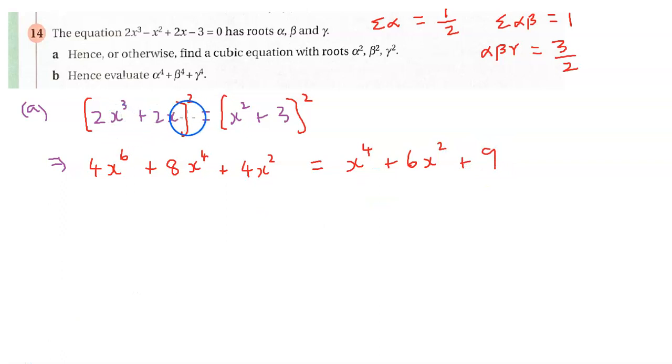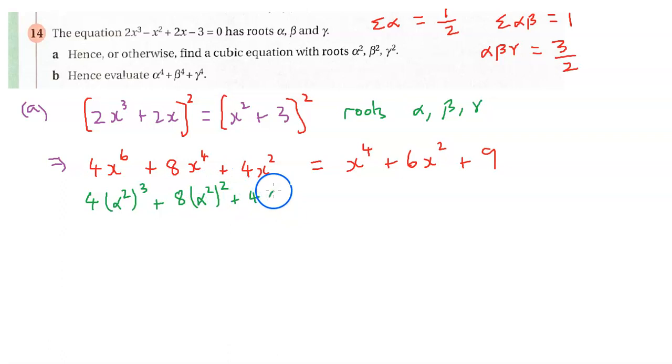And since alpha, beta, and gamma all solve this equation, we have, for example, 4 times alpha to the power of 6, which is the same as alpha squared cubed, plus 8 times alpha to the 4, plus 4 times alpha squared is equal to alpha to the 4 plus 6 times alpha squared plus 9.